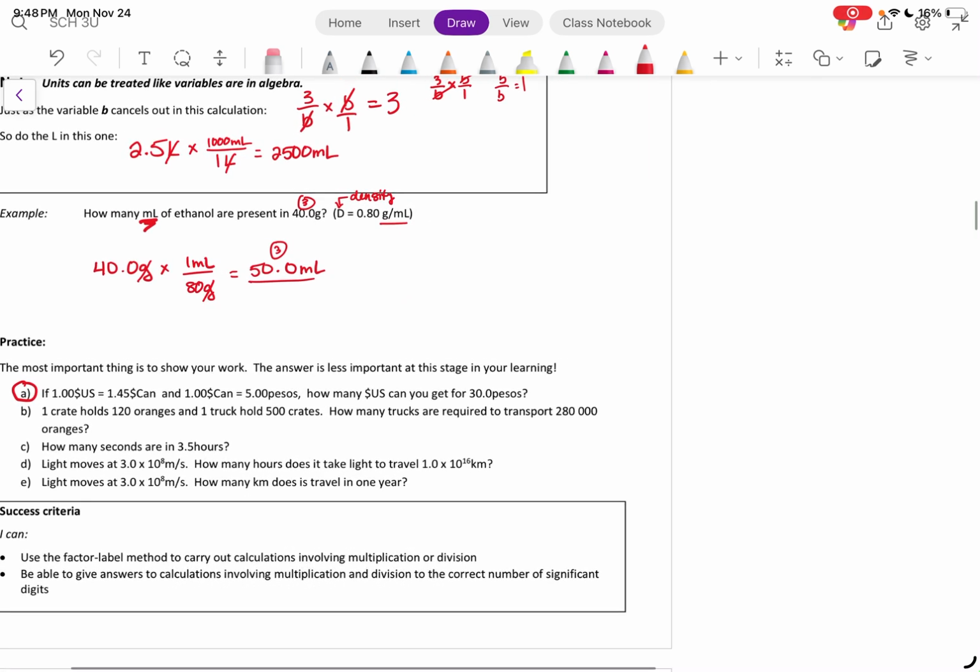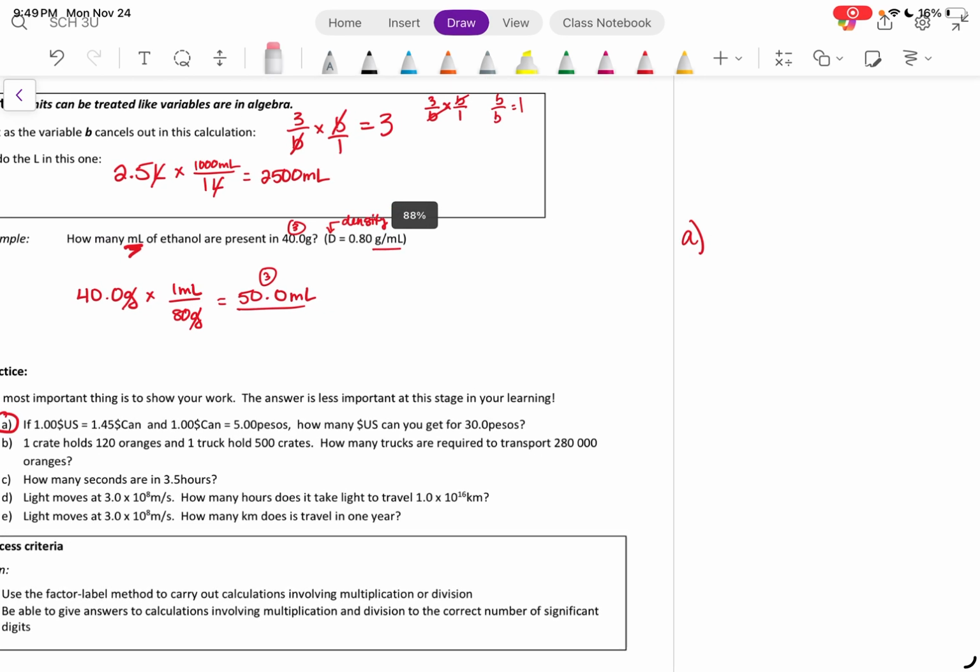Please do these on a separate piece of paper so that you're not cramming everything in together. So the most important part for these is actually to show your work. You cannot just give me an answer for these types of questions. On your test, you're going to have to show the unit conversions. This is for practice. So let's make sure we understand how to do this properly.